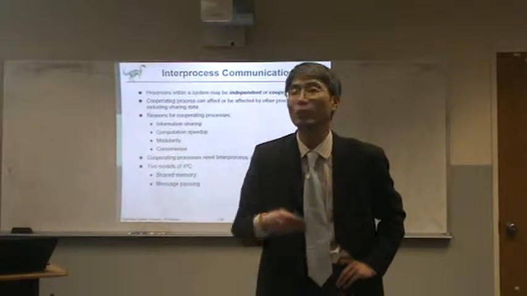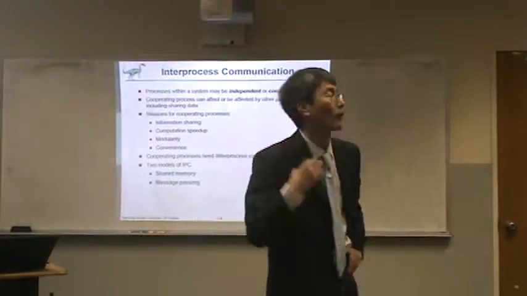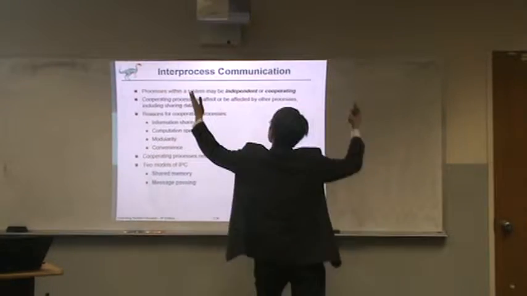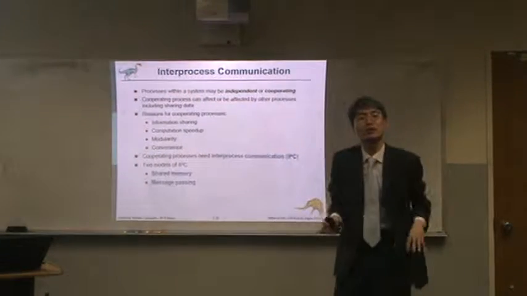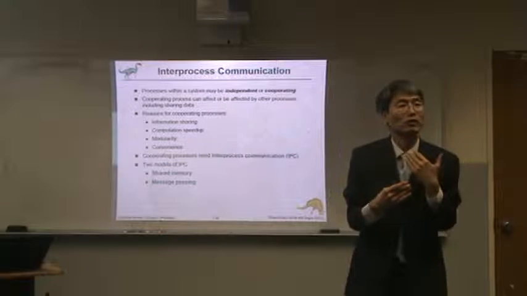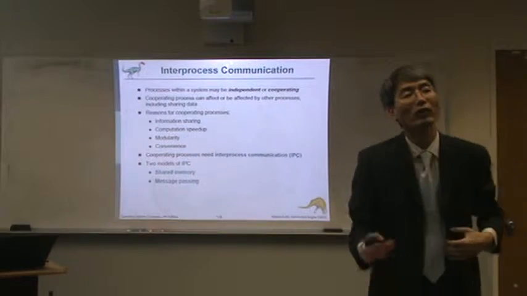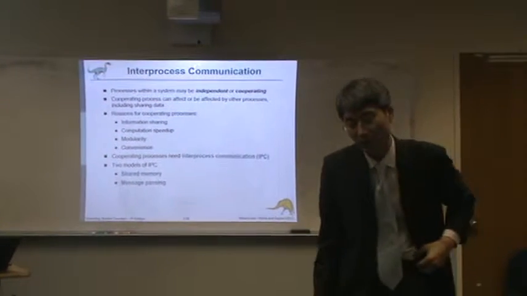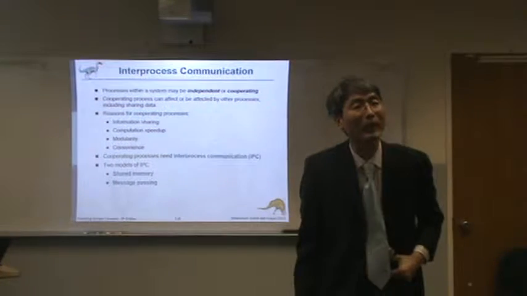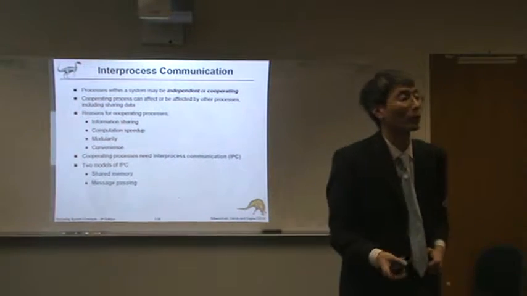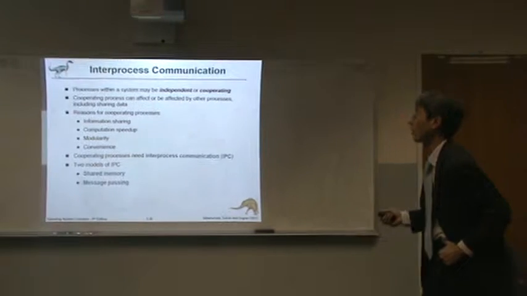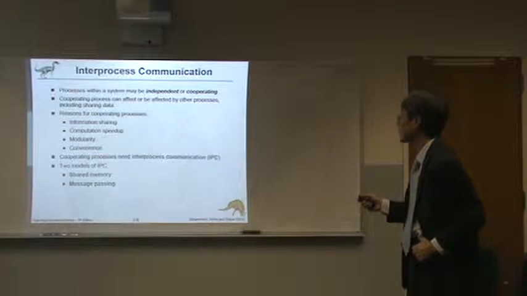So for example, if you want to use IPC on your operating system, you need to check first what kind of IPC methods are provided by your operating system through system calls. In IPC, there are 2 types.